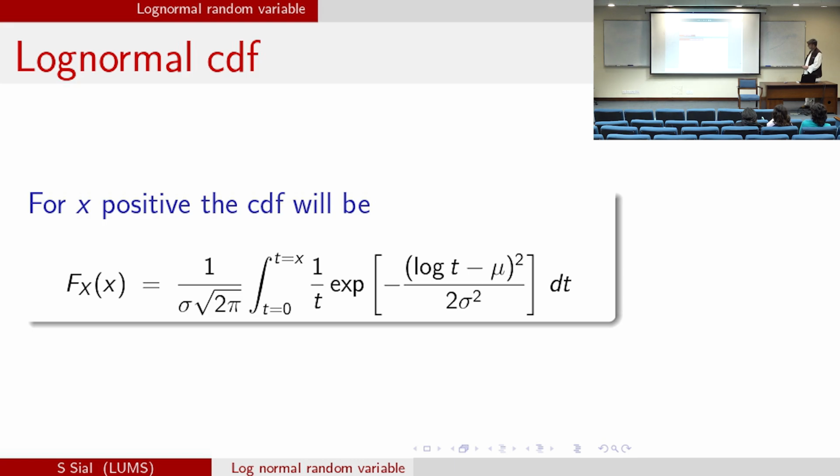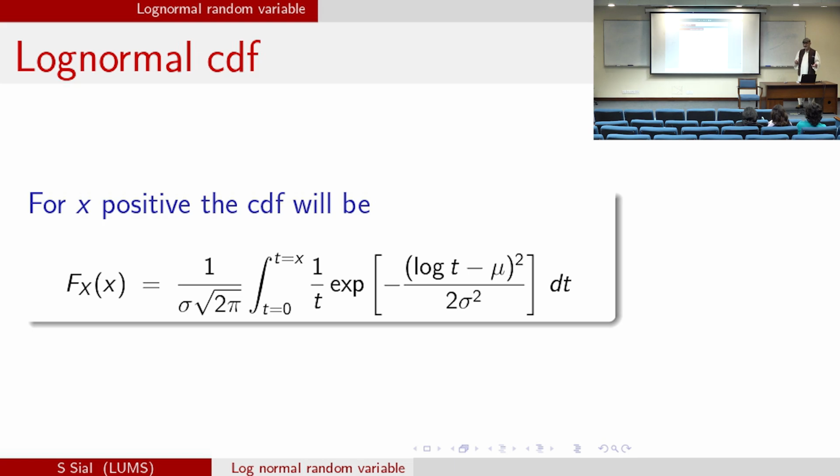The expectation is going to be non-trivial to try and do. Well, we don't have to worry about it. One reason you don't really need to worry about that is that you can always relate your x to a normal random variable y via the logarithm.